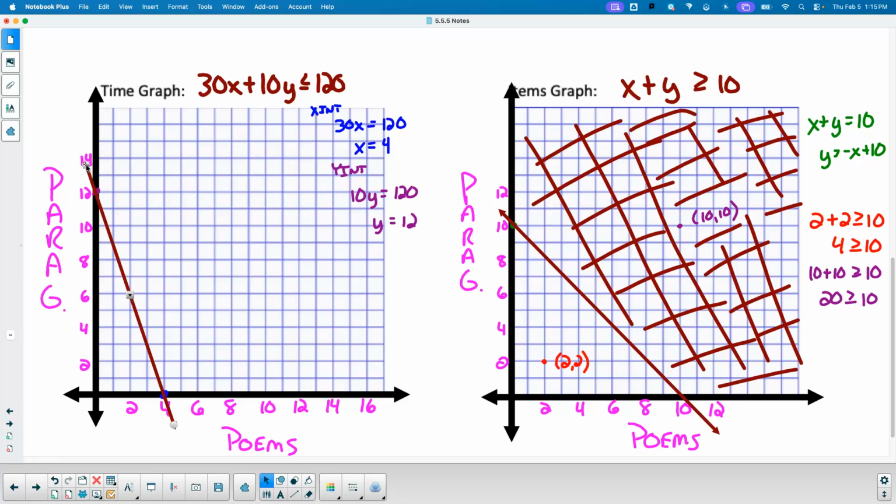We can test the point 2 comma 2 again. 30 times 2 is 60. 10 times 2 is 20. 60 plus 20 is 80. And 80 is less than or equal to 120.